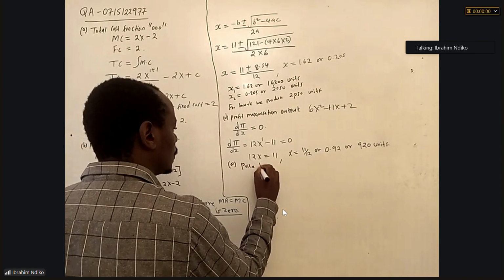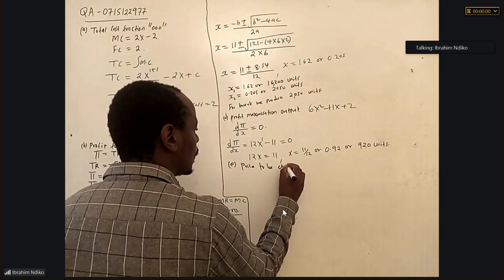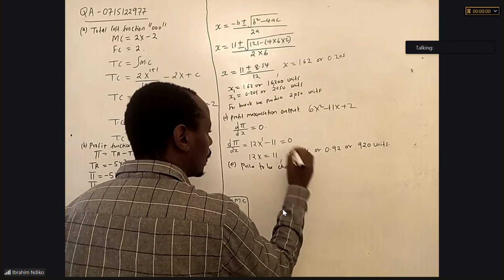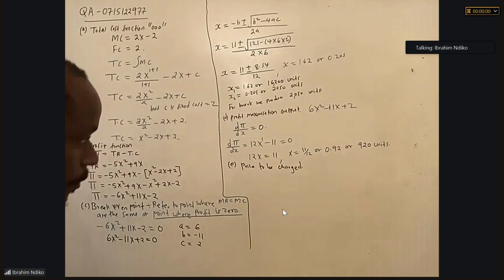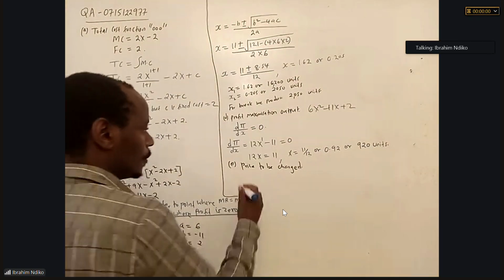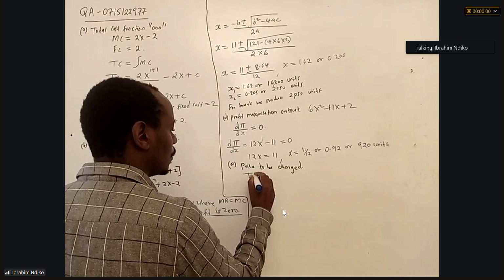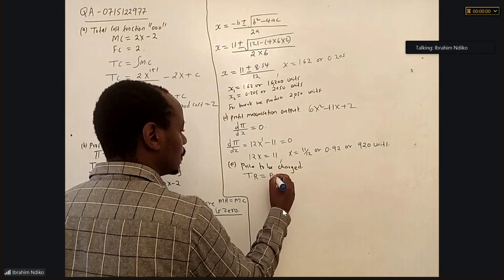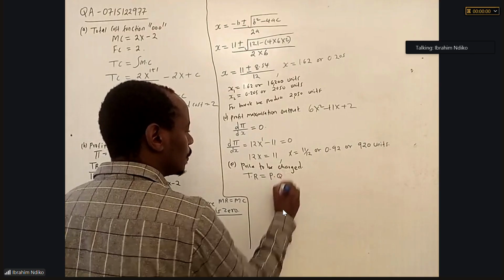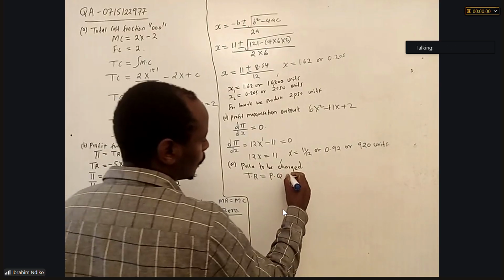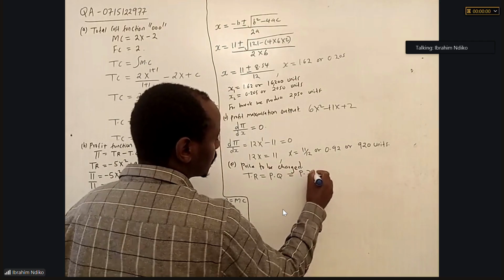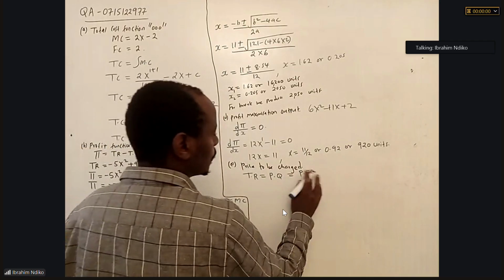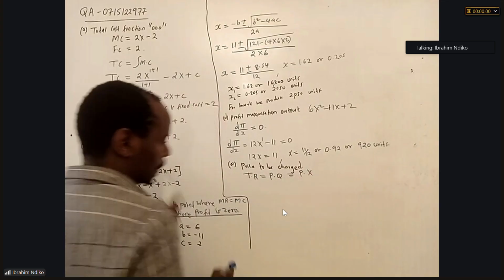Price to be charged. So remember, total revenue is equal to price times quantity. In our case, this is price times x. So x is our quantity in our case.